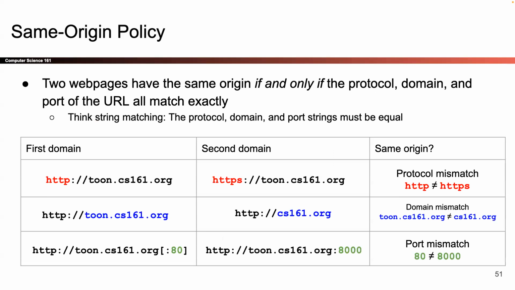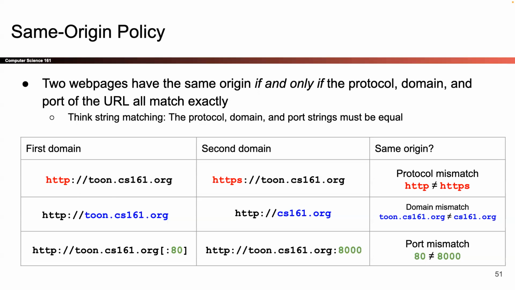So as an example, these two have different origins, but if we look at them using our intuition, maybe they're both owned by the same organization. And maybe they do want to share some resources and talk to each other, but they cannot do so under same origin policy. They'd have to use cross-origin resource sharing to do it. Or maybe like maps.google.com and images.google.com. Maybe they want to share some resources.